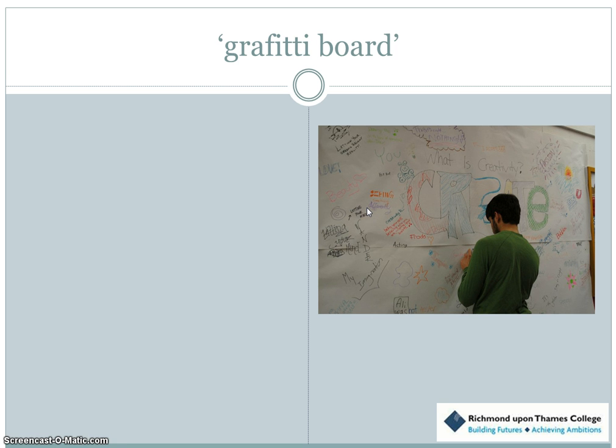The goal of the graffiti board is that students are encouraged to record their thoughts, feelings, ideas and suggestions around any given particular topic. In addition to writing on the actual graffiti board itself, post-its would be equally useful in allowing each and every student from your class to contribute to a particular topic.